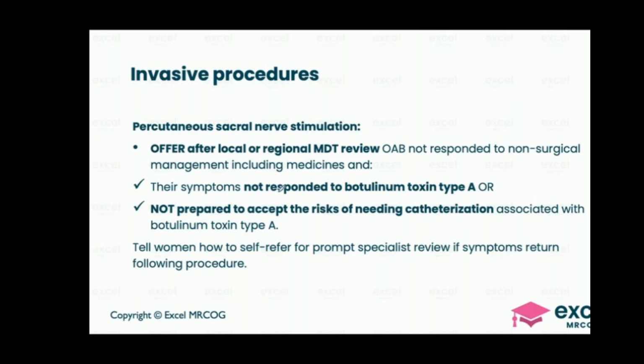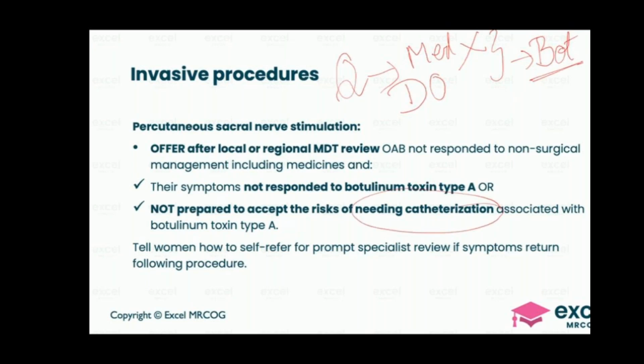catheterization. So if there is a question in the exam where she has not responded to medicines, she has OAB symptoms, detrusor overactivity is proven, what is the next step? The next step would be botulinum, provided she is agreeing to do self-catheterization.